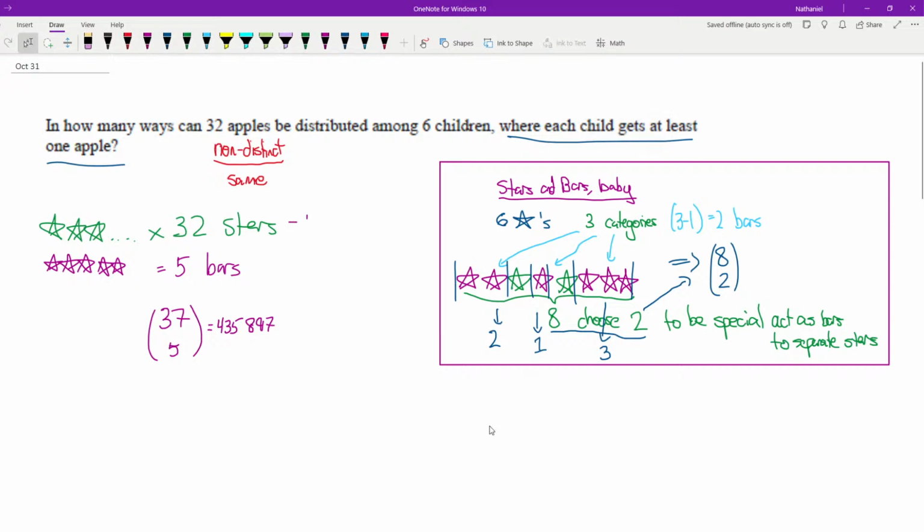So let's give each child an apple first, and then we will still have 5 bars. So what is this? 26 stars. So then 31 choose 5, we'll still have to choose 5 of them. So 31 choose 5, and we get 169,911. Okay. Sexy and dangerous number.